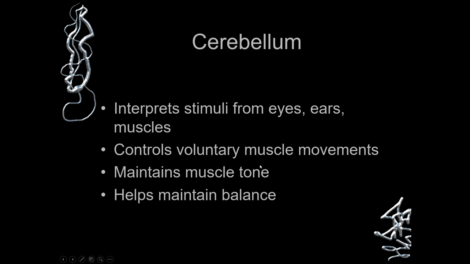Then we come to the cerebellum. This interprets stimuli from the eyes, we can say nerve signals. From the eyes, from the cornea, iris and the lens, the vision comes towards the retina, and then it is converted into nerve signals, then sent to the brain for interpretation. It also interprets signals from ears and muscles, controls voluntary muscle movements, maintains muscle tone, and helps maintain balance.